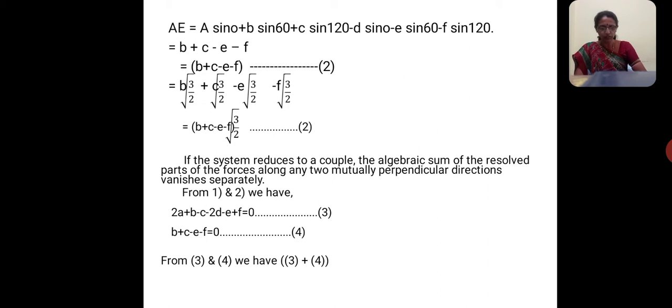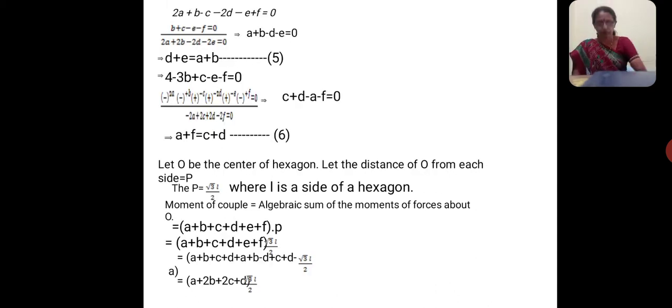From equations 3 and 4, adding equation 3 plus 4: 2A plus B minus C minus 2D minus E plus F equal to 0, and B plus C minus E minus F equal to 0.